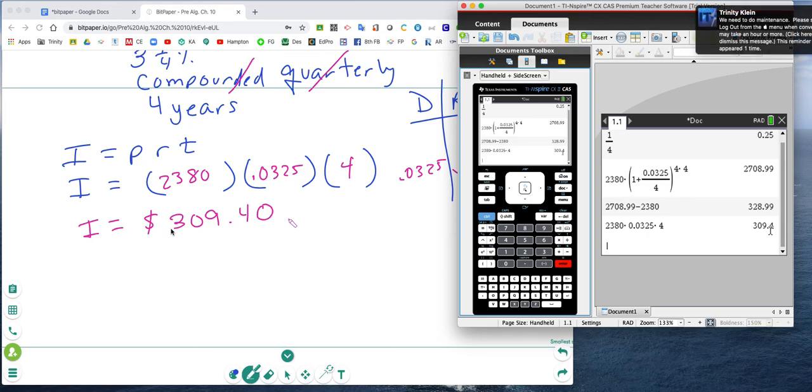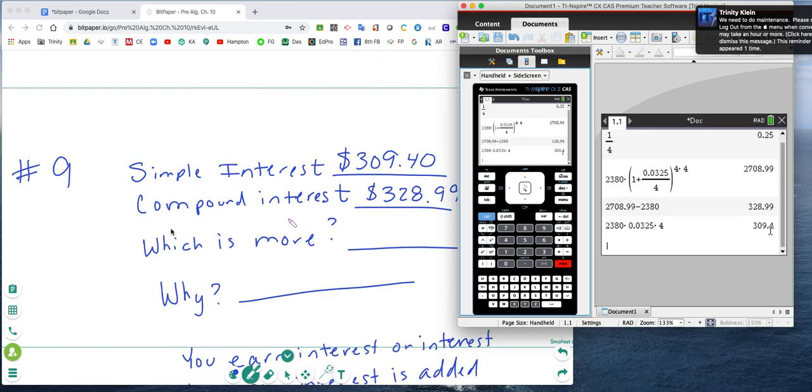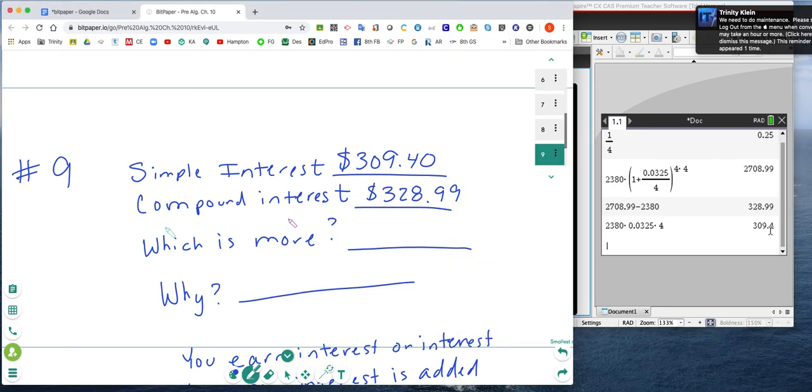But this one I don't have to subtract because I found the interest using the simple interest formula. All right, so now let's look at what we know. When we took the exact same amount, $2,380 at 3 1/4% interest rate for 4 years, and we figured out the simple interest, it was $309.40.